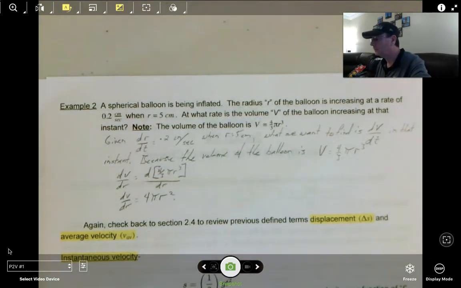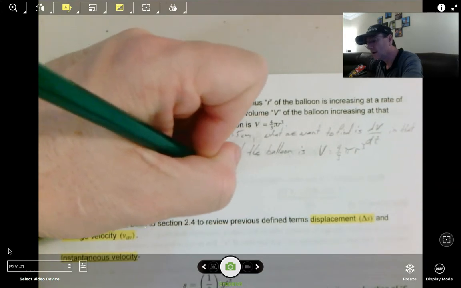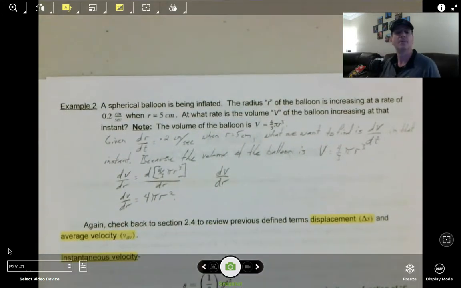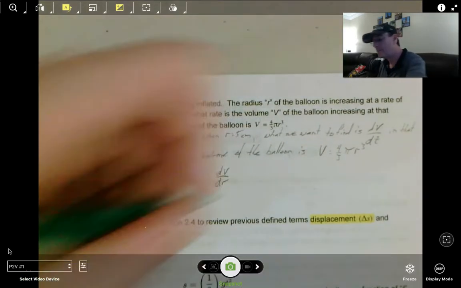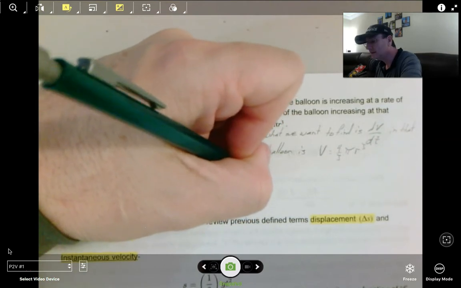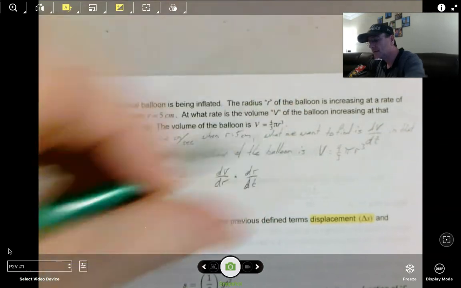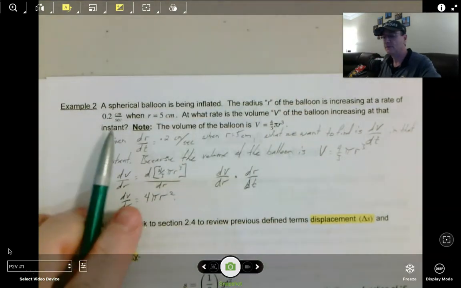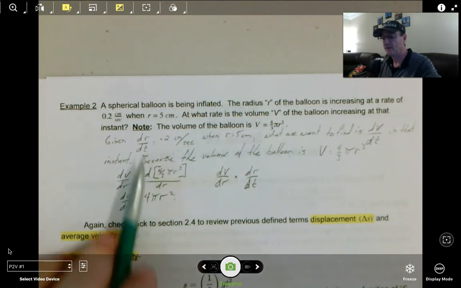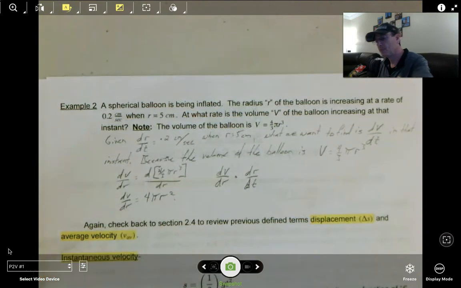We know dV/dr, we just calculated it, and we know dr/dt, we were given that.